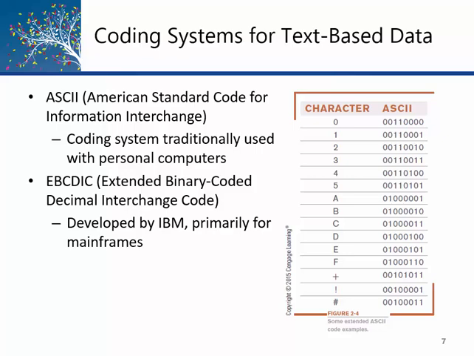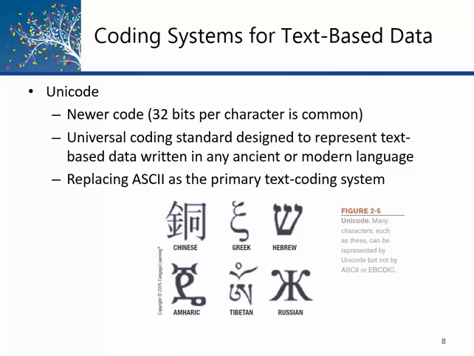But the American code and even the IBM EBCDIC code, they are limited in size. If we want to have our machines be able to represent the symbols and the language of every person on the planet and every language that has ever been used on this planet, including languages that are no longer spoken like Latin or something else, then what we need is an even larger code.